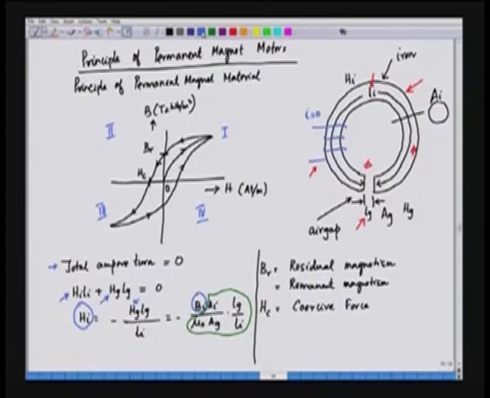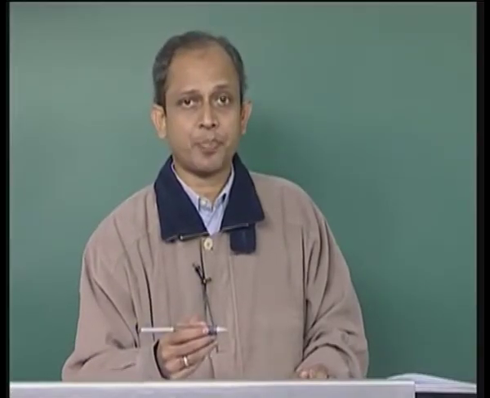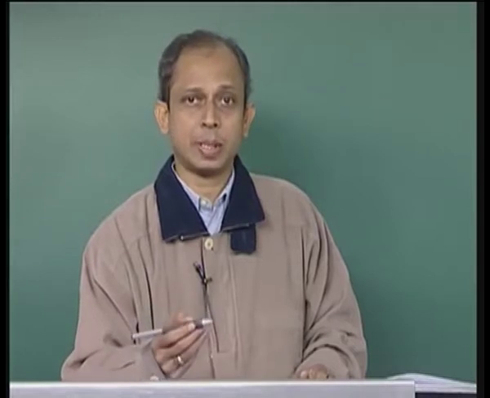So, we see that in the first quadrant both B and H are positive. Okay. In the second quadrant B is positive, but H is negative. It means one quantity is positive and the other is negative, so the signs are opposite to each other.